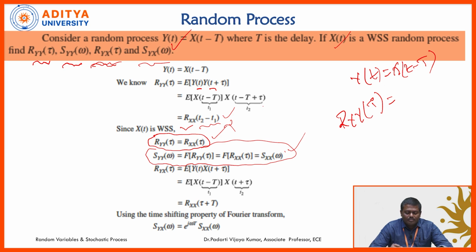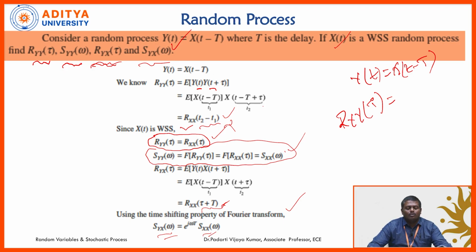This can be written as Rx of tau plus T. So, the cross correlation function is nothing but Rx of tau plus T. Now, using the time shifting property of the Fourier transform, the cross power spectral density is equal to e power j omega T into Sxx of omega.